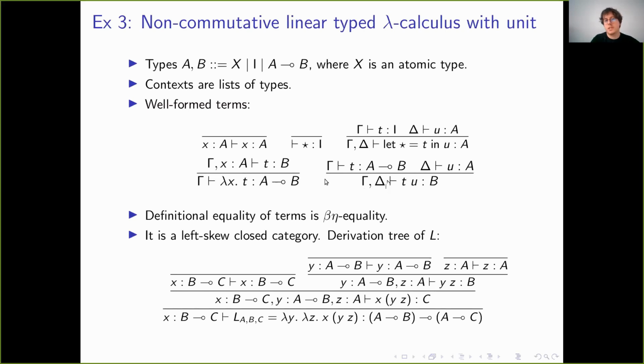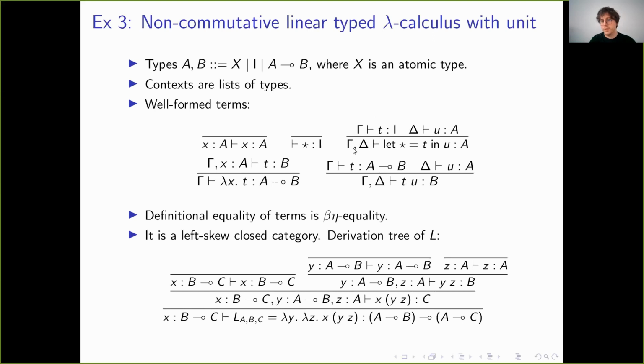But I said before, this is actually a more restricted version of the non-commutative linear type lambda calculus with unit, because there is an additional restriction on the unit elimination. It's a similar restriction to what we have here.